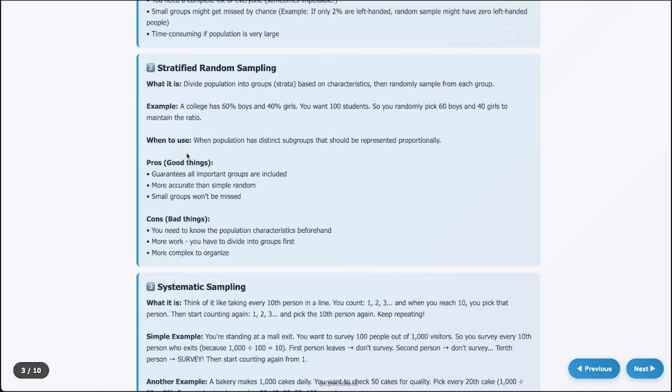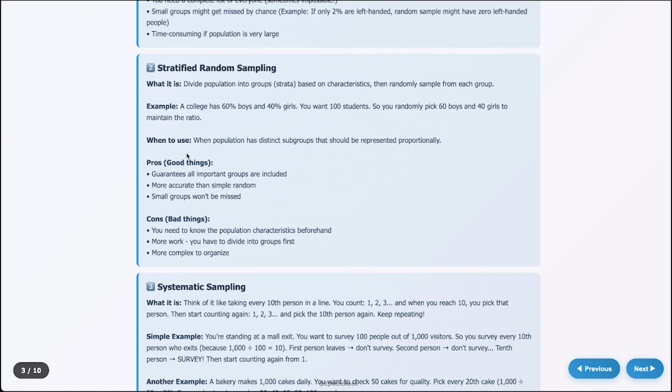So this sampling strategy is used when you have the population with different kinds of characteristics. Means the population has distinct subgroups, and you have to represent it proportionally. Okay, so what are the advantages here? In this case, it will guarantee that all the groups are included, even if it is a smaller group. In the previous sampling strategy, simple random sampling, I told you that smaller groups might get missed.